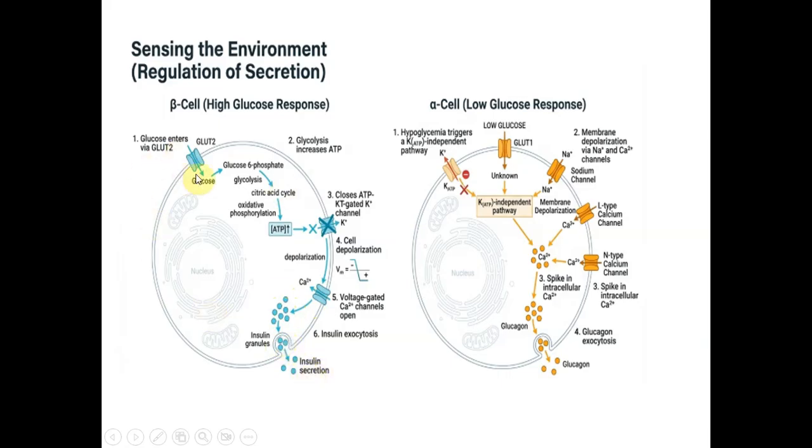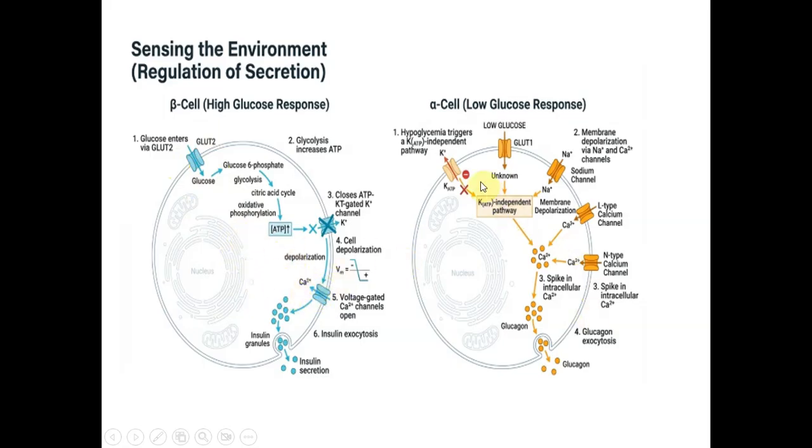So this is how we get the high glucose response by the high glucose levels, and this is due to the spike in the intracellular calcium, the final stage of insulin release.